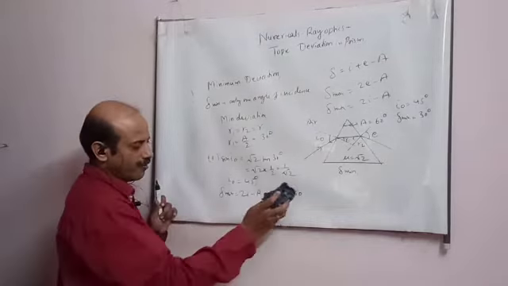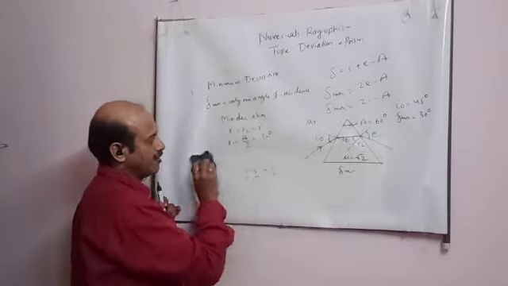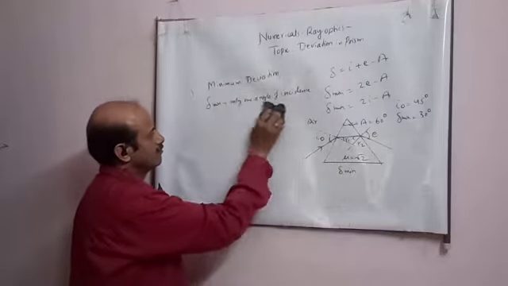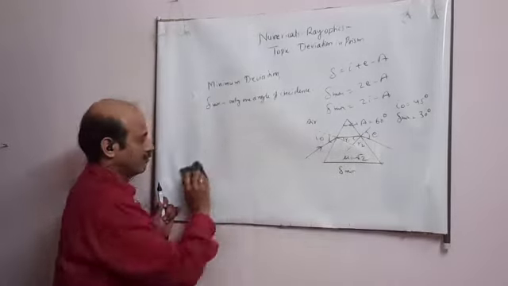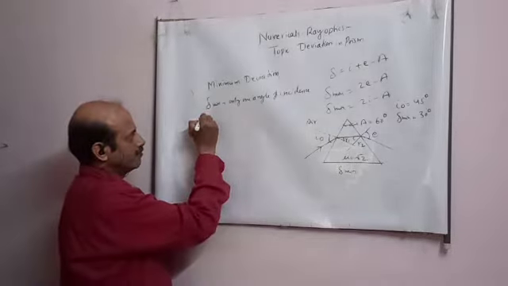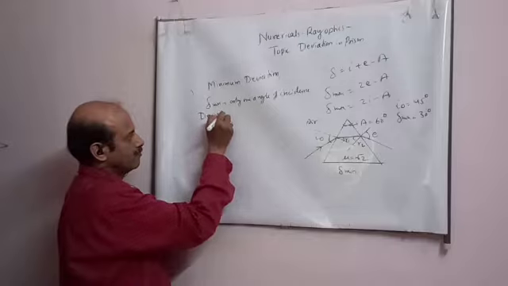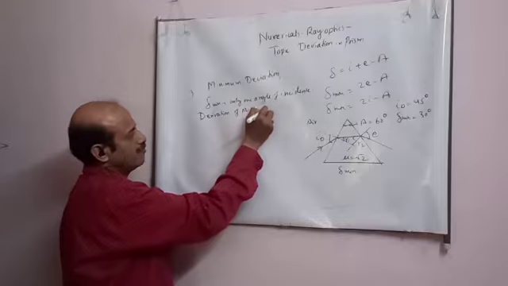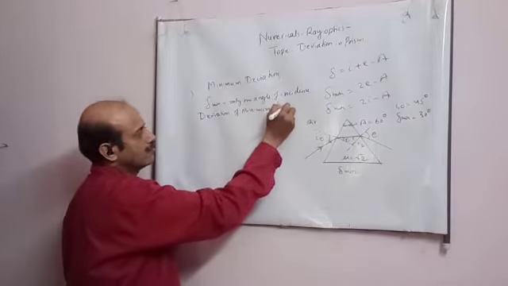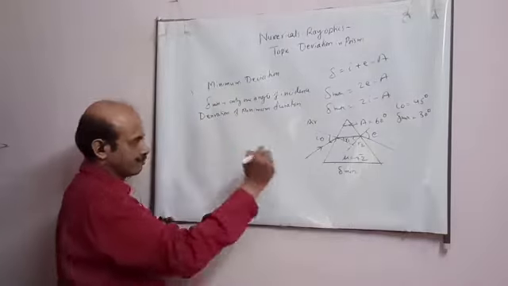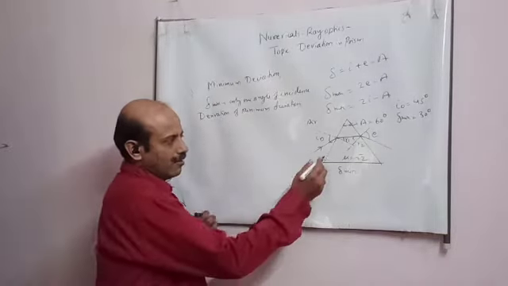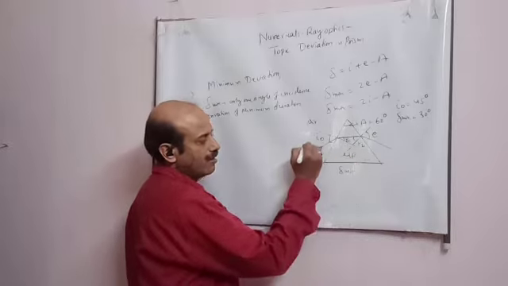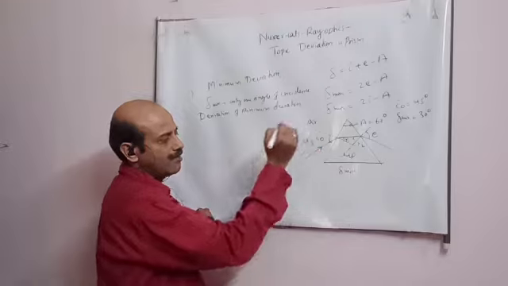Now, let's derive the formula for minimum deviation position. Derivation for minimum deviation. Now this refractive index I am taking for a prism, denoting it by mu p, and refractive index for the surrounding I am writing mu s.